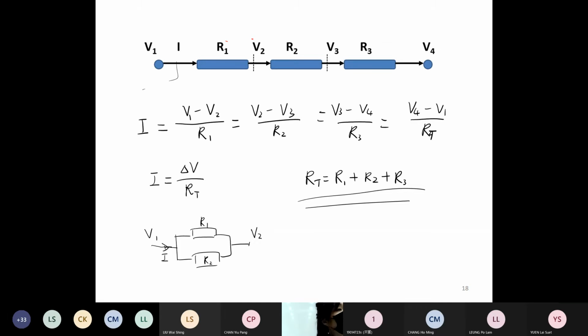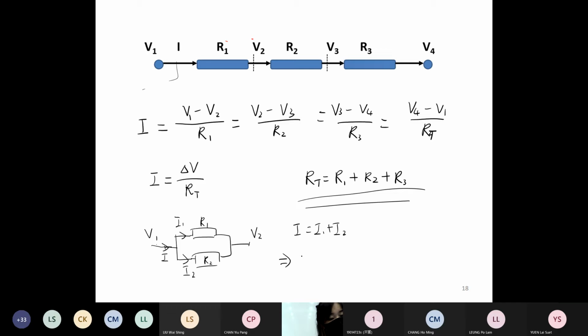The current is divided by these two circuits. That should be I1, this I2. Right, the voltage drop, the change of voltage should be the same for both R1 and R2.